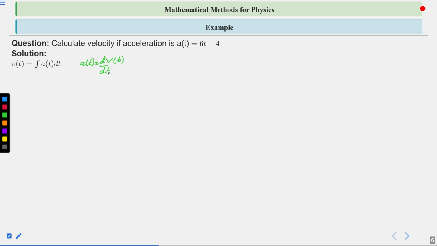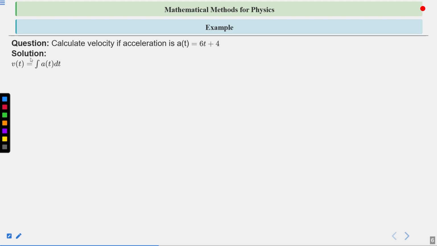So if we want to find out the velocity, it will be the integral of a of t dt is equal to v of t. From this relation it will be made. I hope now this is clear. So take the integration on both sides, you will get the correct answer.